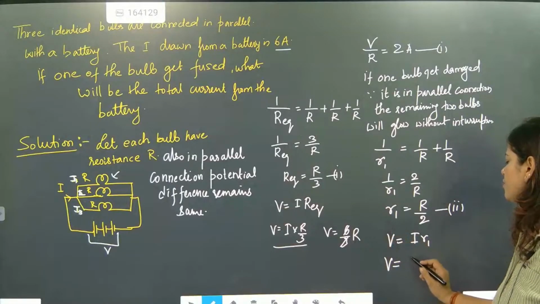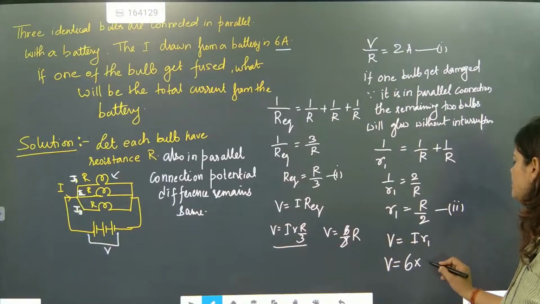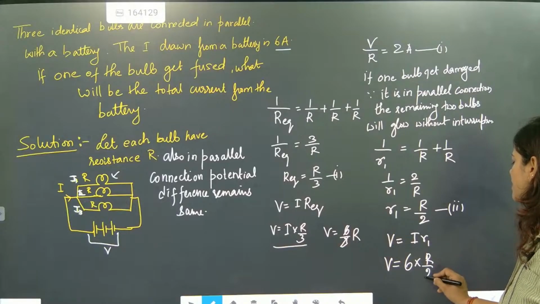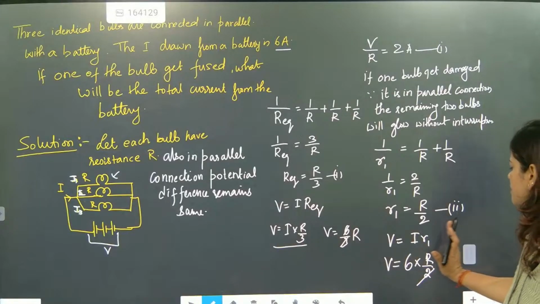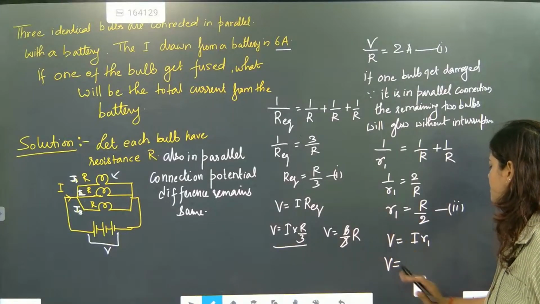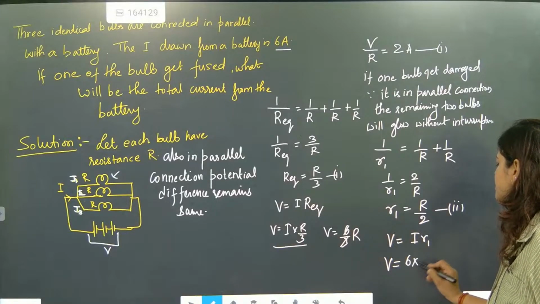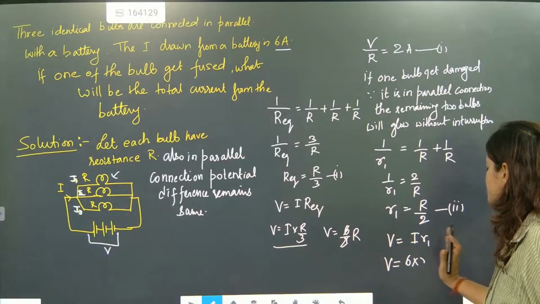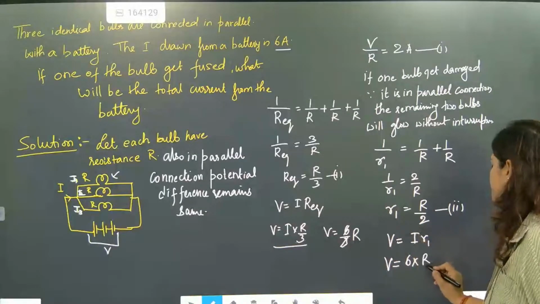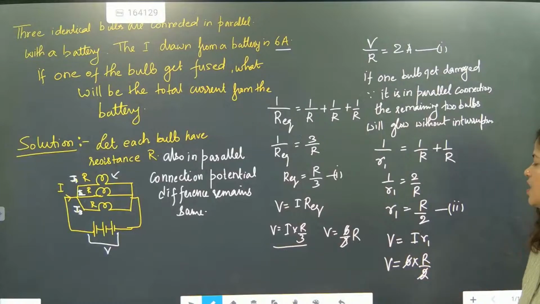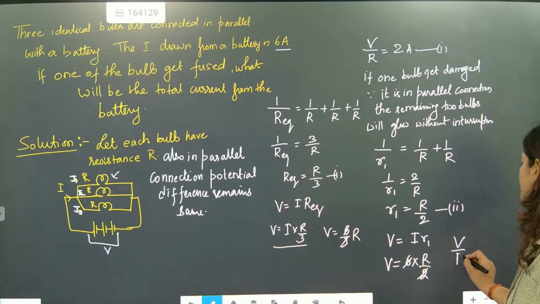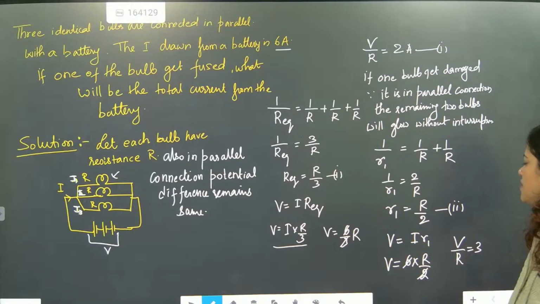So we will write overall the circuit is having 6 ohms into R by 2. If you are writing like this, how much is it coming? V by R is coming as 3. But we can't write like that, na?